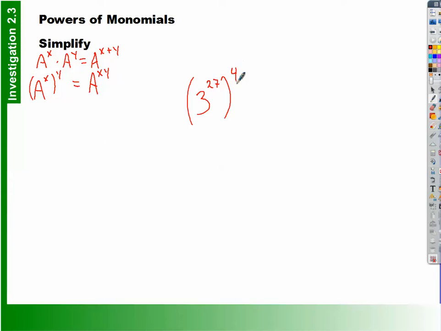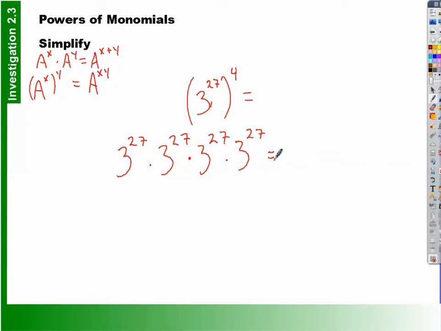Now, I'm going to do this the long-winded way first, and that shows why this rule is appropriate. So 3 to the 27th to the 4th power, if I were to expand this, is going to equal 3 to the 27th times 3 to the 27th times 3 to the 27th times 3 to the 27th.